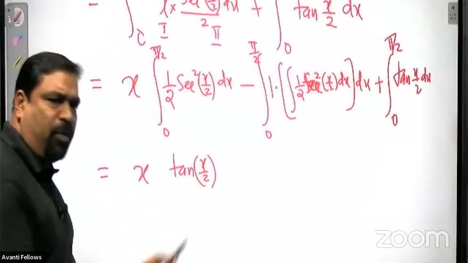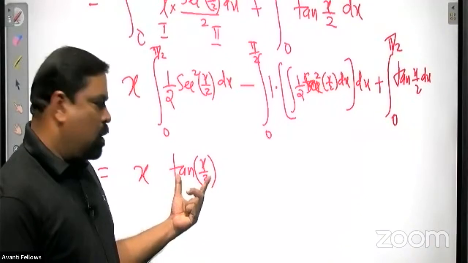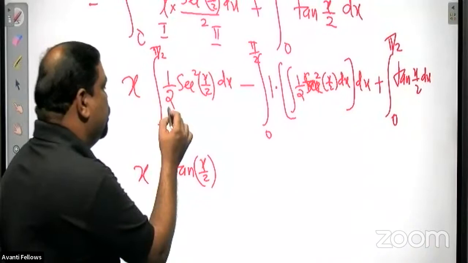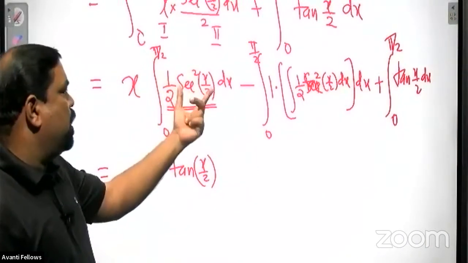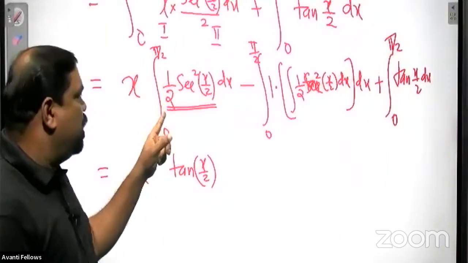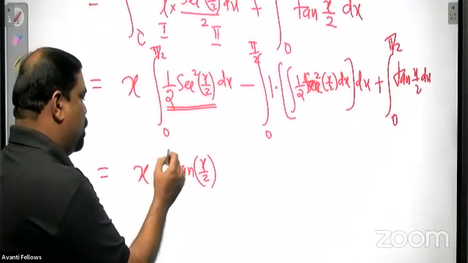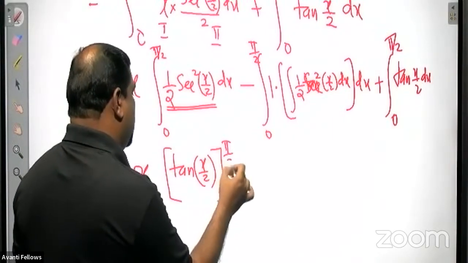Otherwise, you see the derivative of tan x by 2. What is the derivative of tan x by 2? That is sec square x by 2 into 1 by 2. So very clearly, the integral of half sec square x by 2 is tan x by 2, with limit 0 to pi by 2.